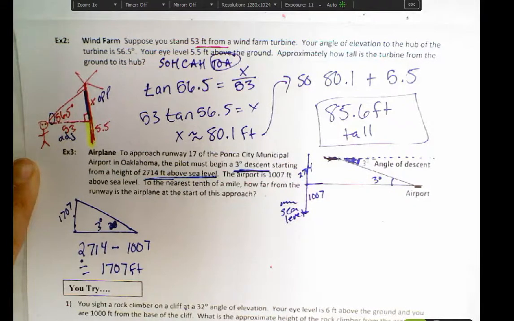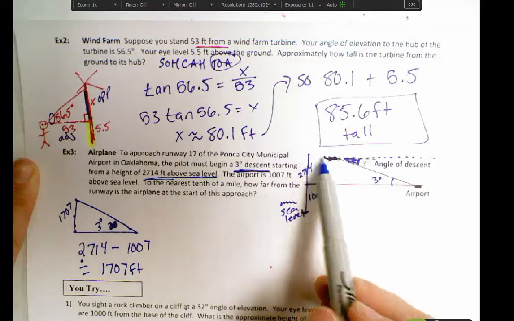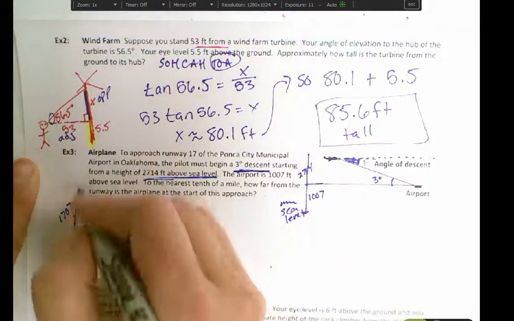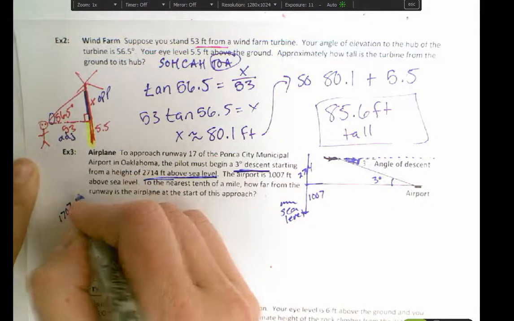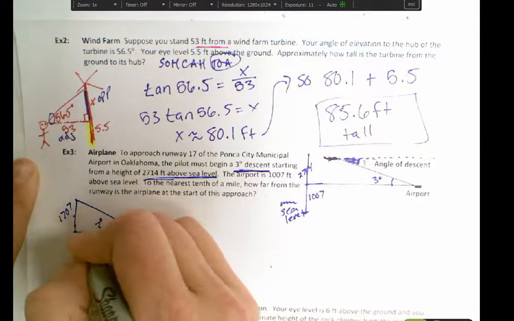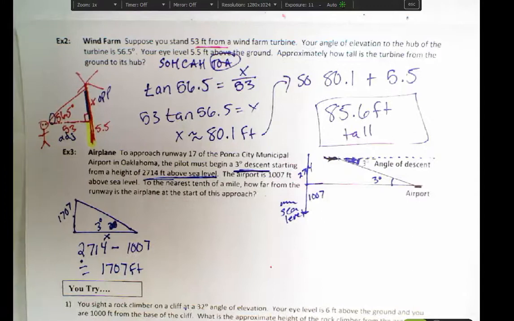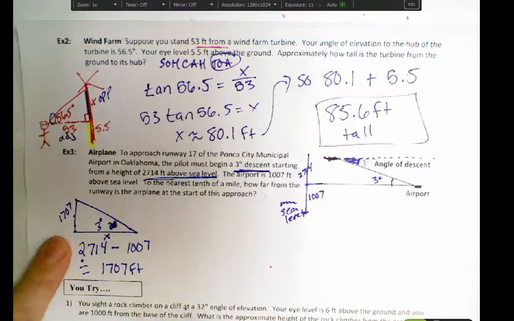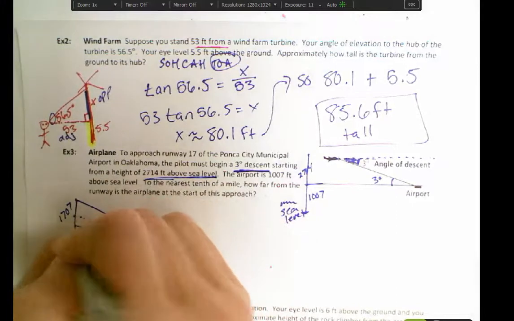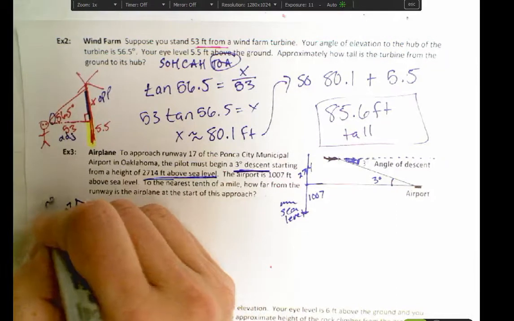How far from the runway is the airplane at the start of its descent? So I am looking for the airplane at the start of its descent, how far it is from the airport. So we are looking for the horizontal distance. So we take a look and see what we got. Okay, this is my right angle, so this is my opposite.